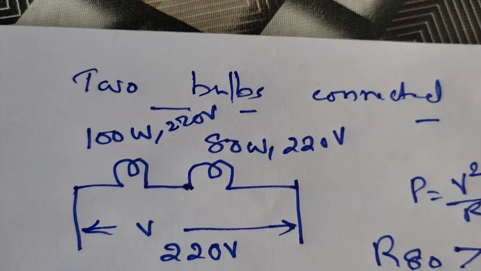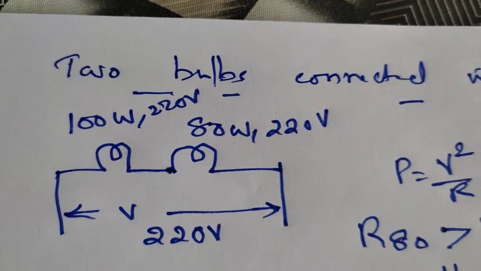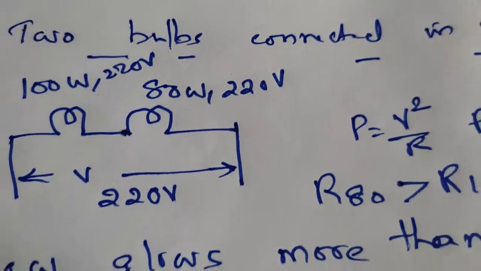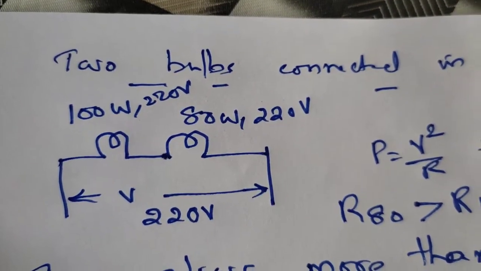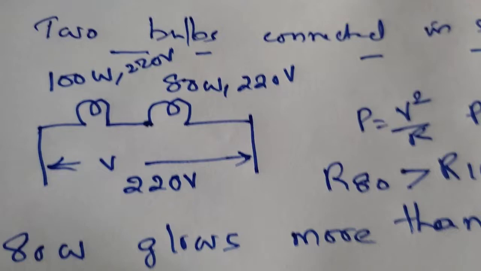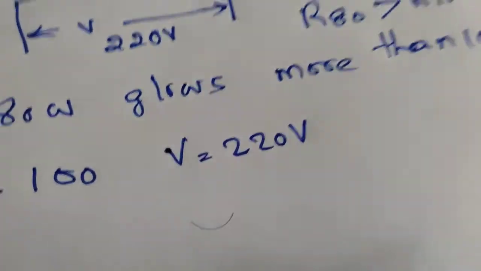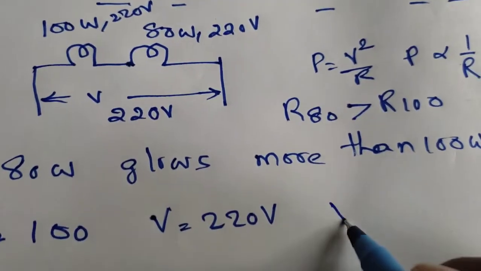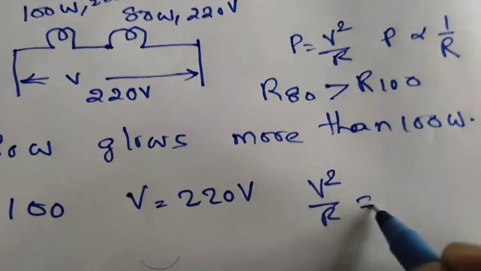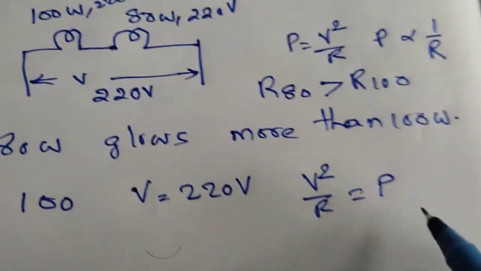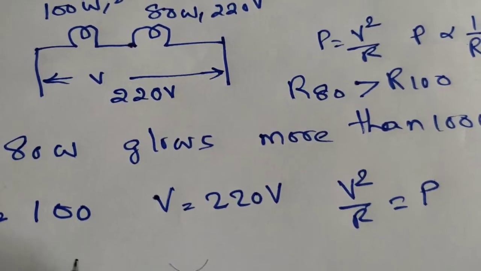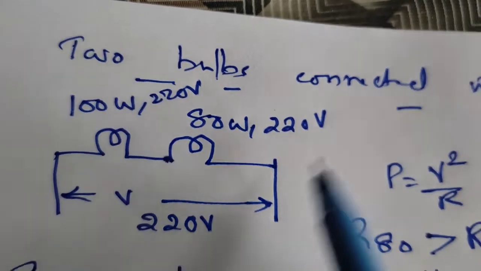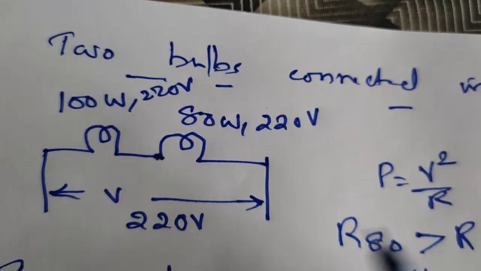Power is 100 watt, and the voltage is 220 volt. Now, you know, V squared by R is power, so we can tell the resistance.